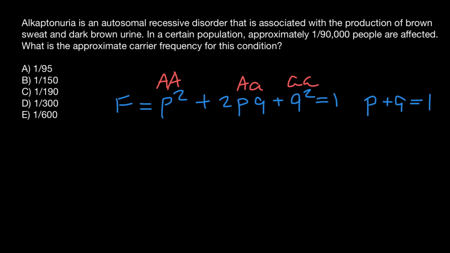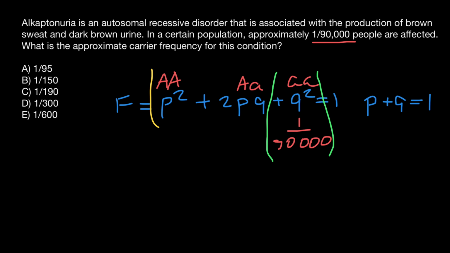According to our problem, 1 out of 90,000 people have this genetic disorder, so they belong to this genotype and phenotype, and the other two genotypes make another phenotype, because this is an autosomal recessive disorder. So heterozygous people show the same phenotype as homozygous dominant people.